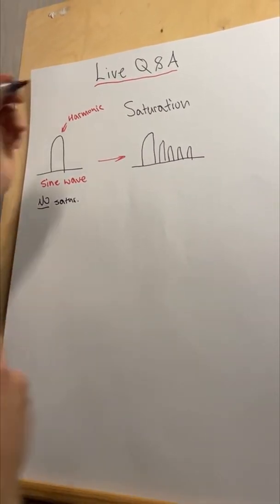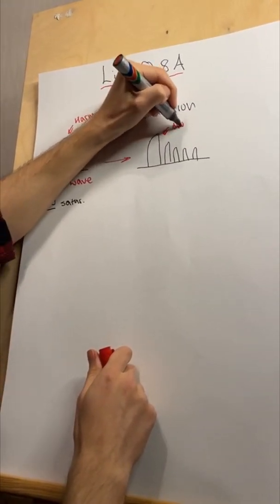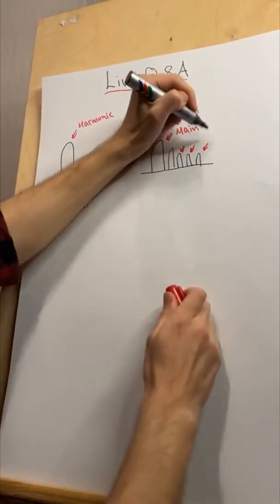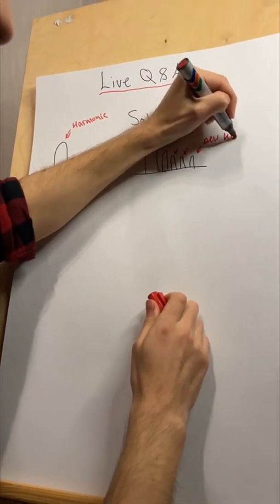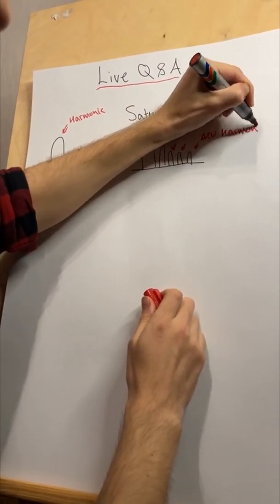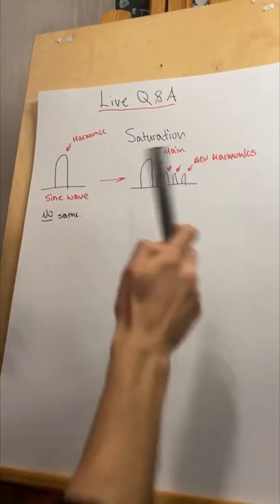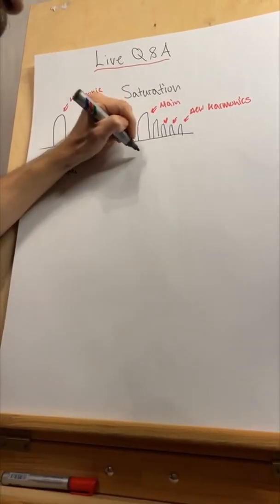You have the main harmonic, this one, the main one, and we also have those small harmonics. They're called new harmonics.